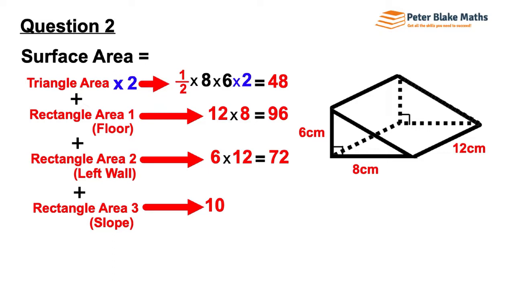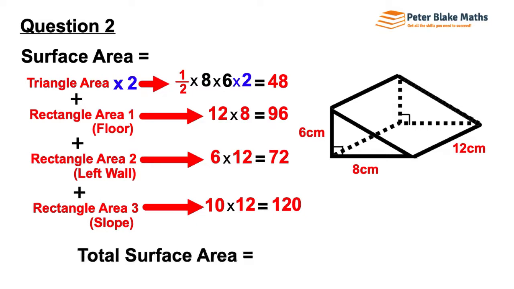So that's something that you might have to do if you wanted to double check that. Run Pythagoras through with x being the hypotenuse and 6 and 8 being your shorter sides there. You'll discover that that's 10 centimeters for the hypotenuse there. So it'll be 10 by 12 for that sloping rectangle, making up 120.